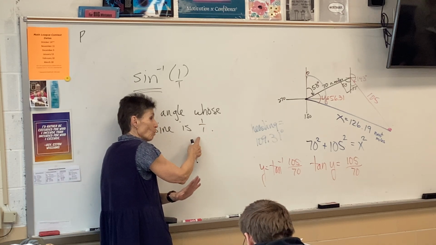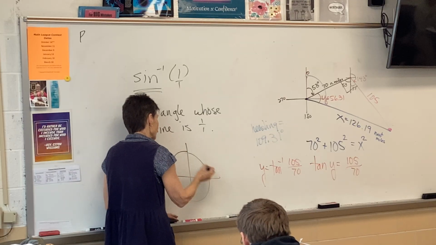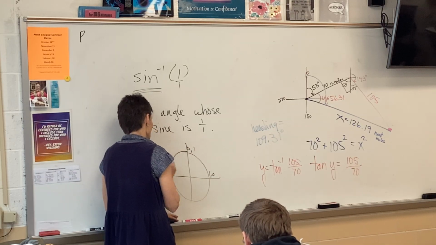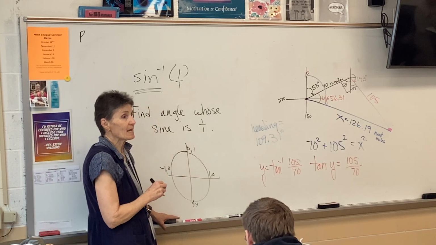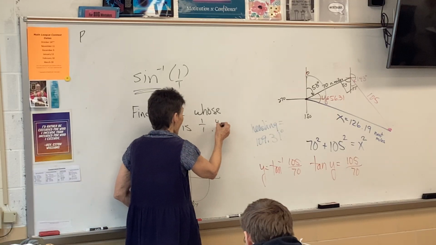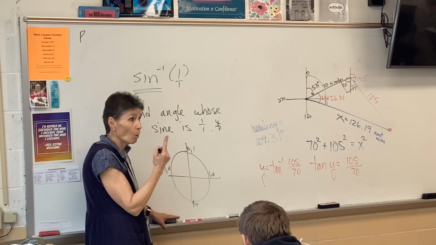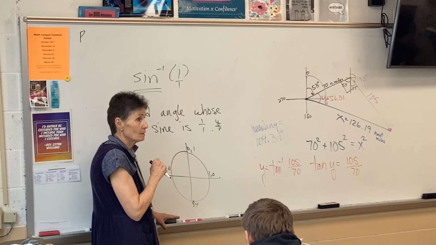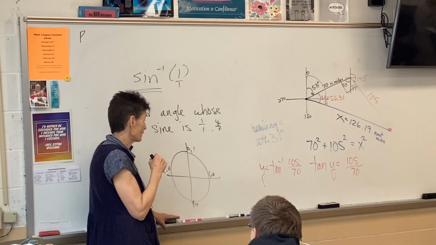But 1/1 won't work in a triangle. So I'm going to look around my circle. I'm going to go ahead and write them all down. And I want to find the angle where if I put y over r is 1, I get 1/1. Well, where does it happen?